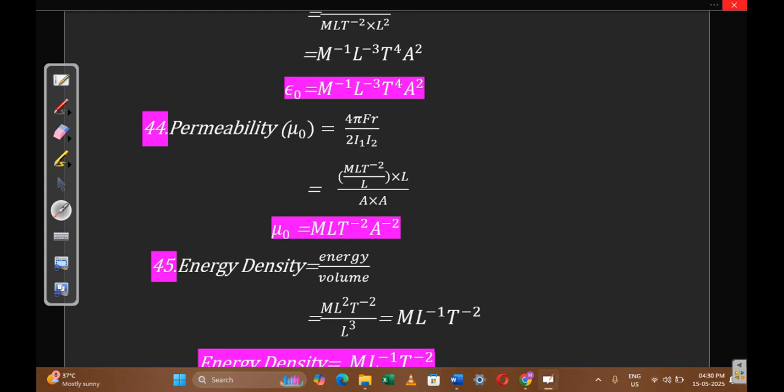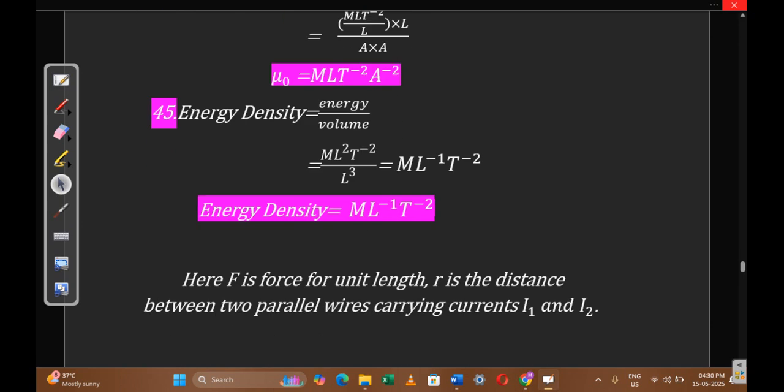Dimensional formula of this permeability is MLT power minus 2 A power minus 2. Last one is energy density. Energy density is energy by volume. So its dimensional formula is ML inverse T power minus 2.